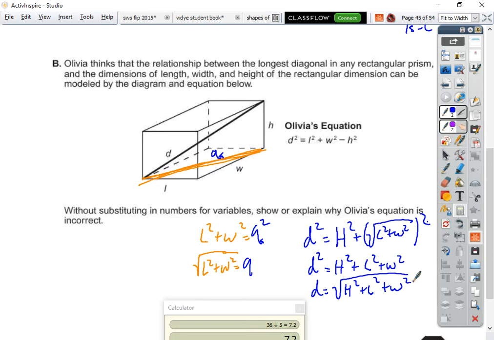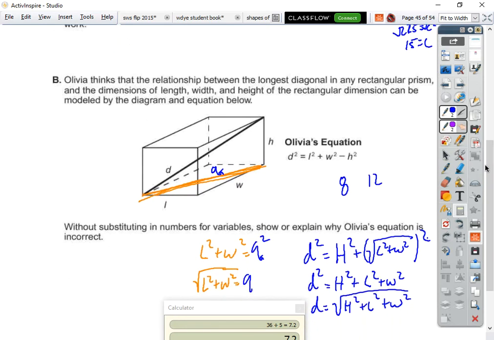Huh. I wonder if that works. Let's find out. So let's plug in the numbers. I'm really curious if it works. So we had 8, 12, and what was the other, 9? All right.